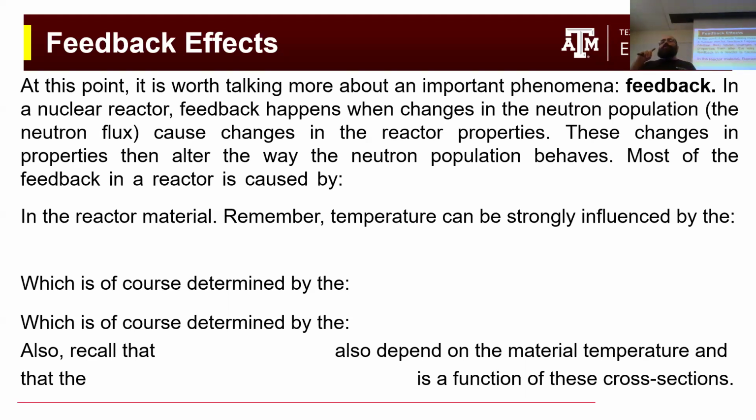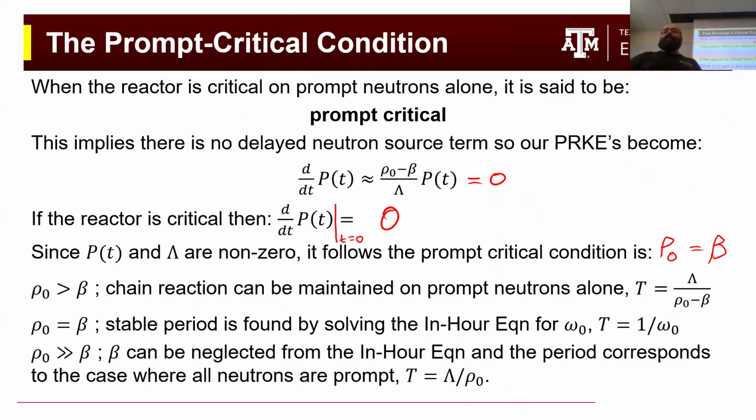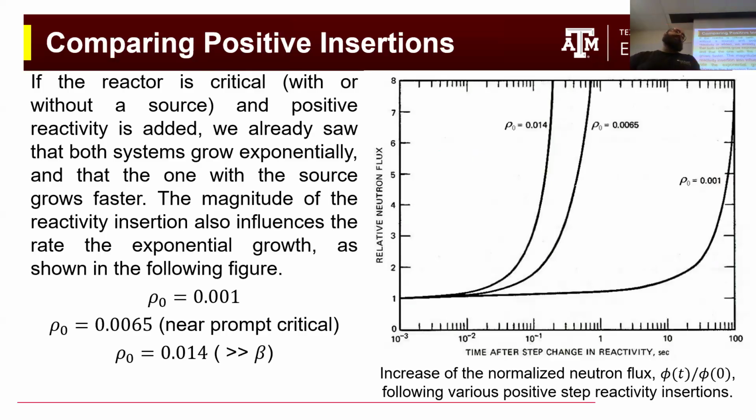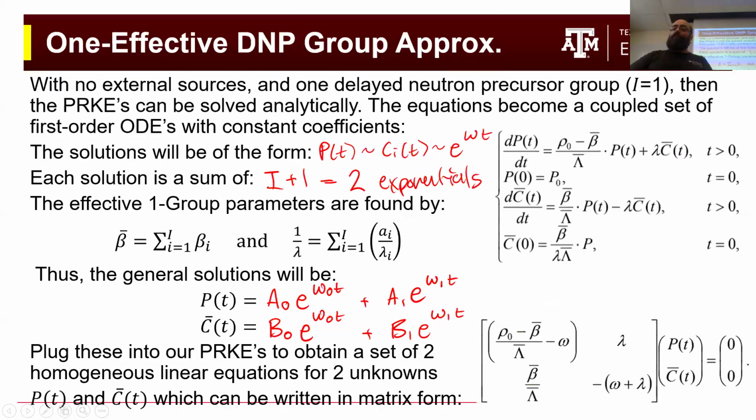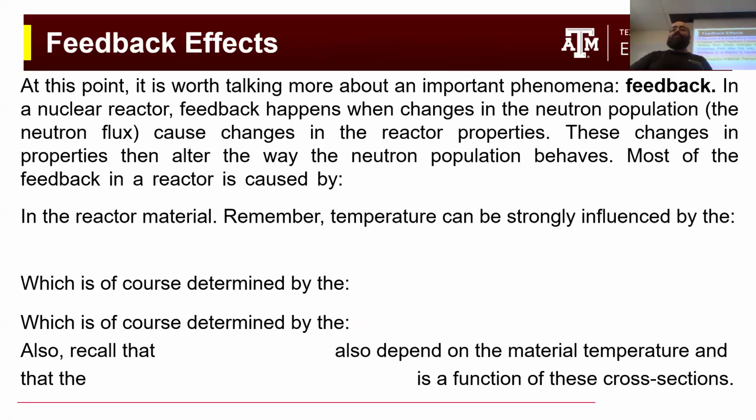Like if we were to increase the fission rate in our reactor a lot, that's going to start changing aspects of our system. So when we are showing our systems increasing exponentially as time moves forward, you can't maintain exponential growth forever, right? These things are growing exponentially, but they can't do that forever. At some point, something has to change to make that not happen. And feedback is one of the main phenomena that's going to affect that.